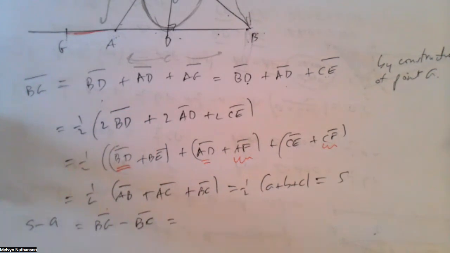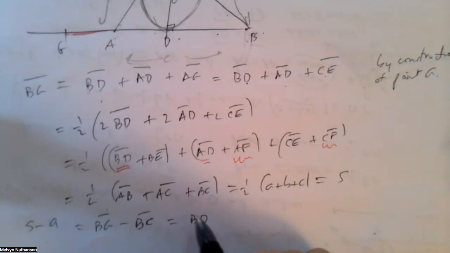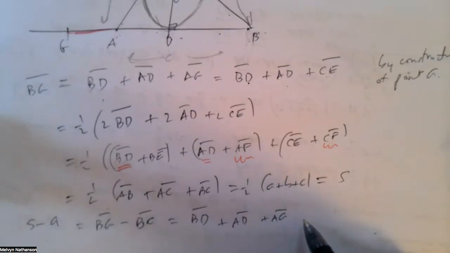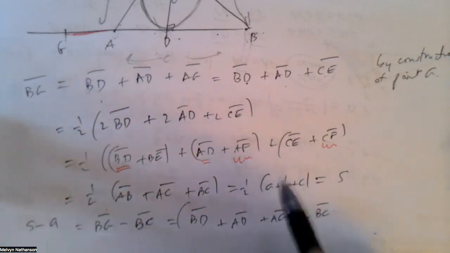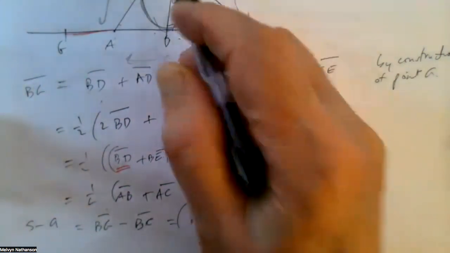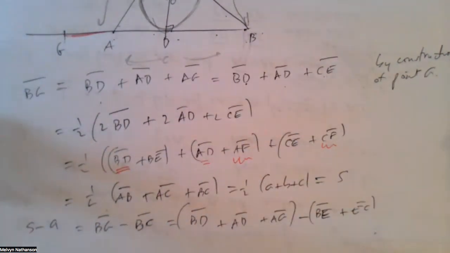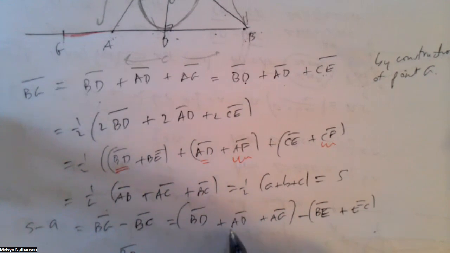The length from B to G is given right up there: BD plus AD plus AG minus BC, but BC is BE plus EC. And this is BD plus AD.